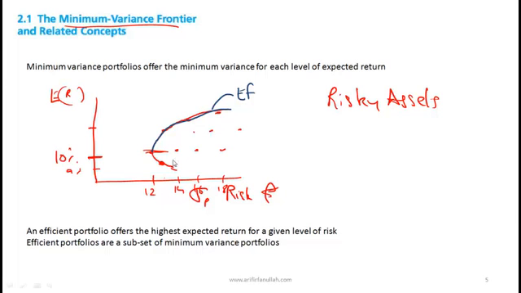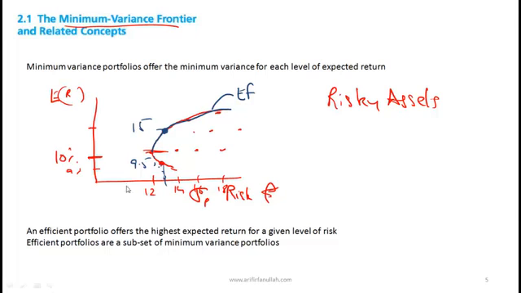The efficient frontier says at a given level of risk, say 13%, I can get two possible returns. Either I can get 15% or say 9.5%. Which portfolio is better? Obviously this one. So do you notice that the efficient portfolio is simply a subset of the minimum variance frontier?